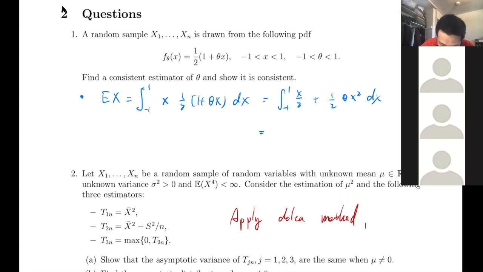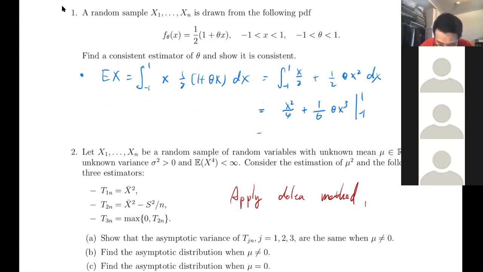And we know that it can be 4x squared plus 6 theta x to the power 3, evaluated from -1 to 1. So this one is 0 and this one is... oh, sorry, it's this. Yes, 1 minus -1, 2.